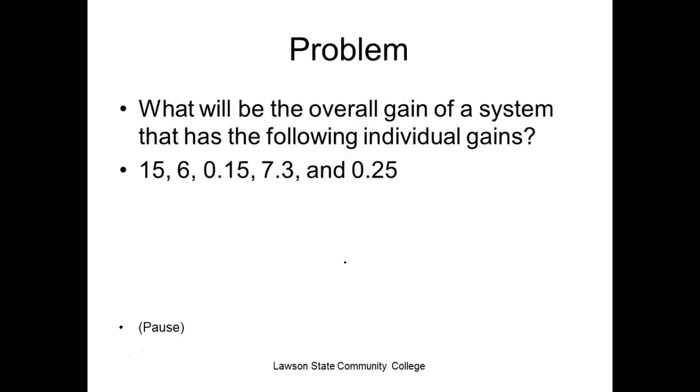So what would be the overall gain of a system that has the following individual gains? So what would I do? I say 15 times 6 times 0.015 times 7.3 times 0.025. And whatever I came up with, that would be the gain of the system.